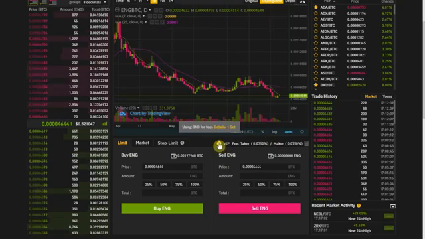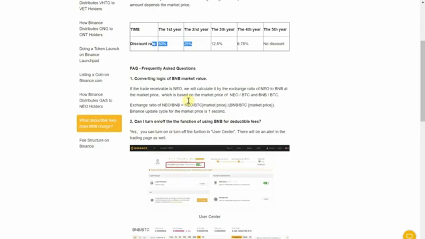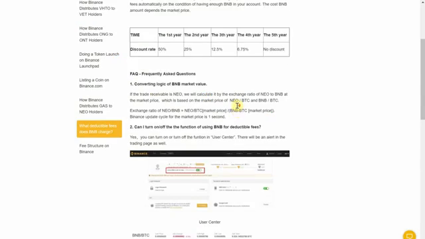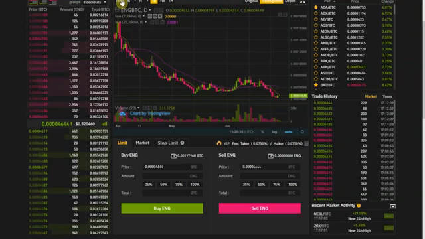And I'm not really sure how the thresholds work. Oh, okay, that's it. So you can read about it here. They explain how you convert and how it works, basically, using BNB to pay for your fees. I strongly recommend it.